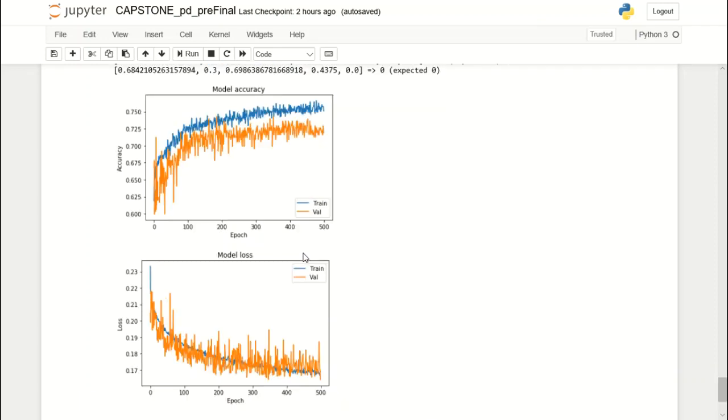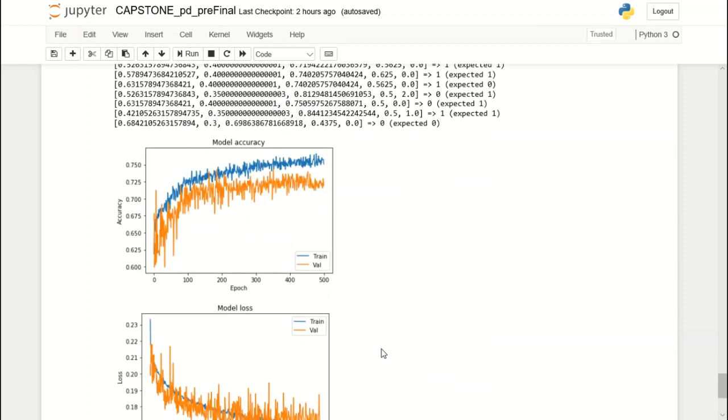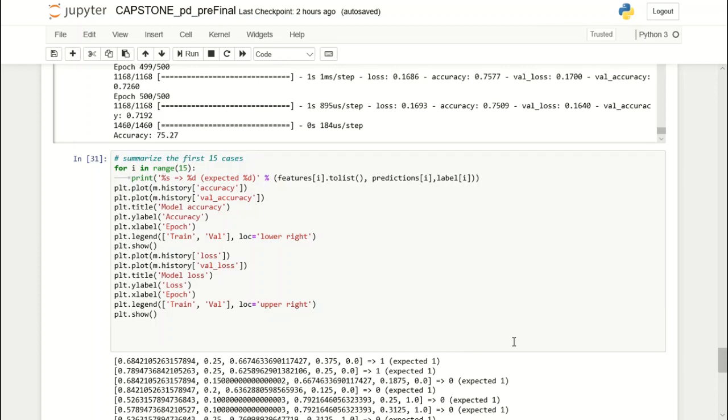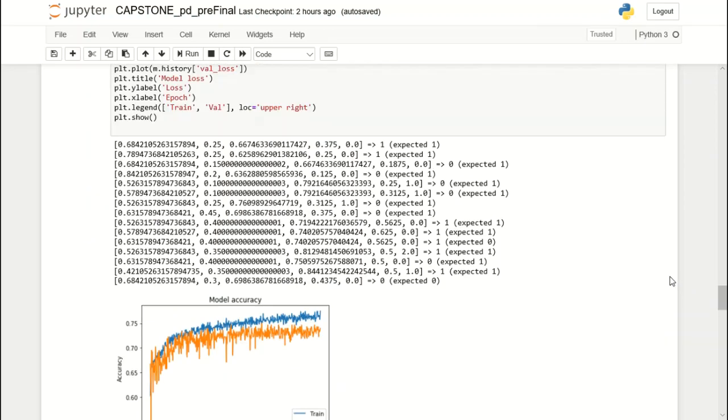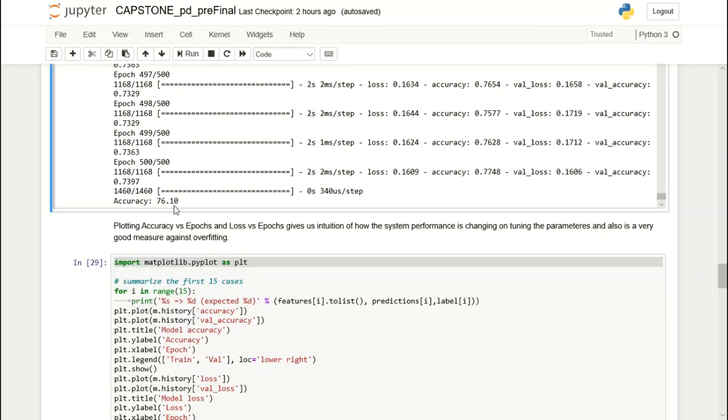So this almost concludes that there will not be any chance of overfitting. There are spikes in the loss, but overall it is not coming up by a significant percentage. The best accuracy that I have gotten until now is 76.10%, which was after I bucketized the precipitation column.